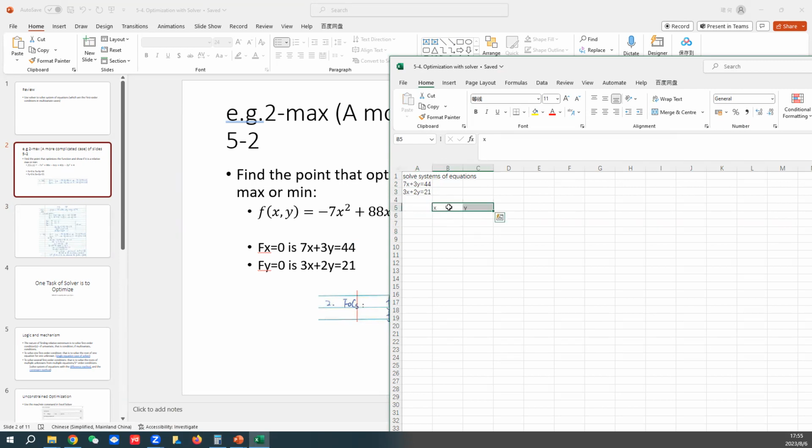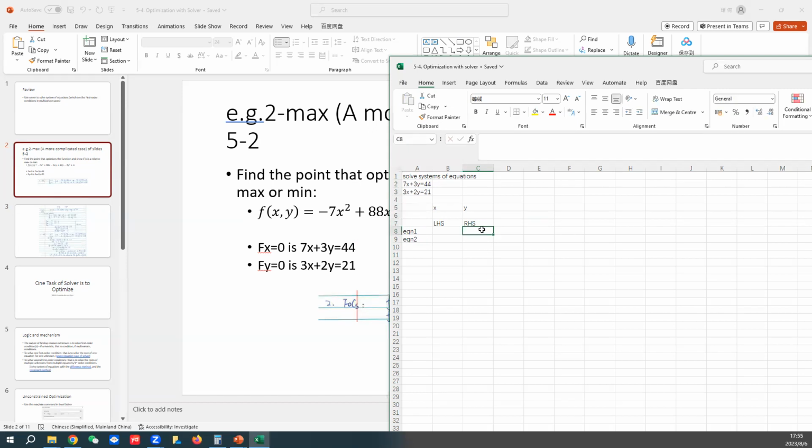So here we're going to have equation 1 and equation 2. Okay, and we have left-hand side and right-hand side.